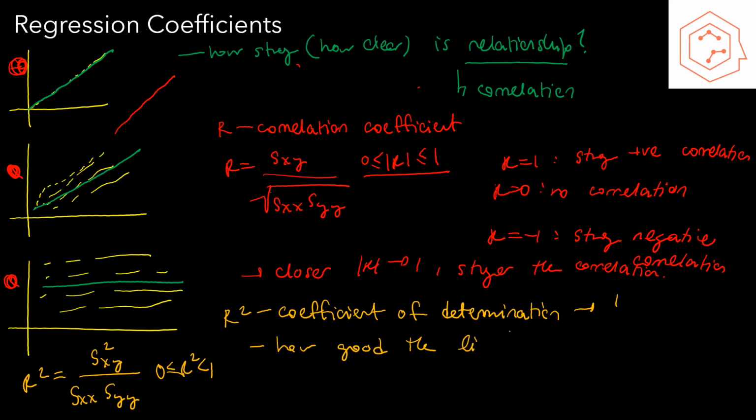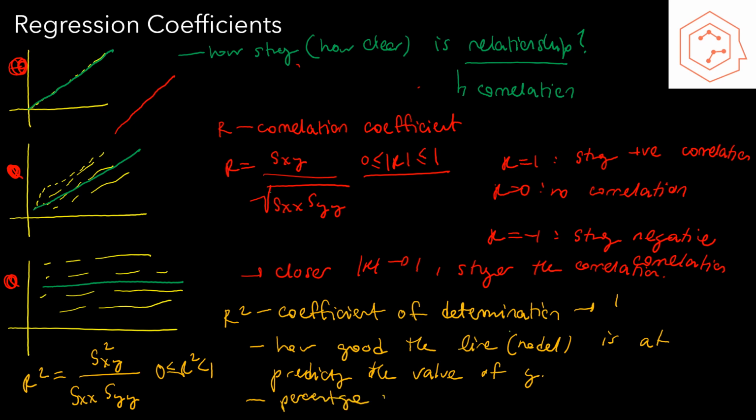or the line is at predicting the value of y based on x. And more specifically, whatever the decimal value you get for r squared, it represents the percentage of the change in y that can be explained by x.